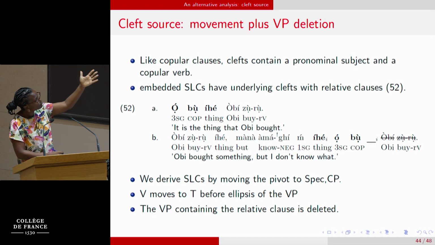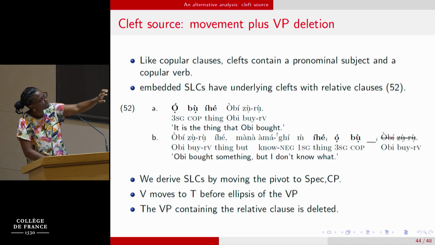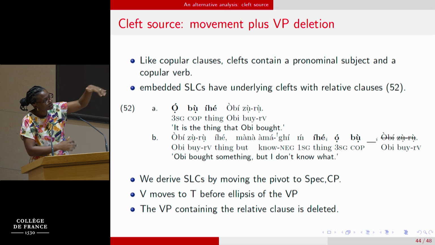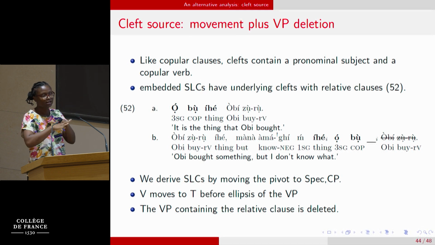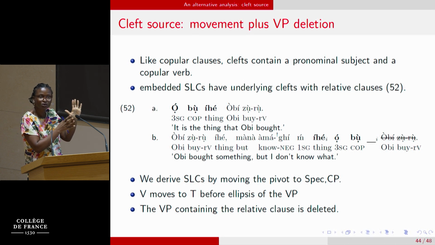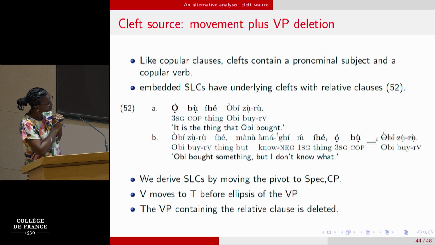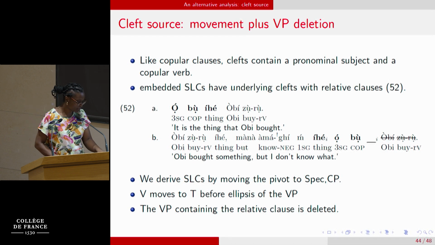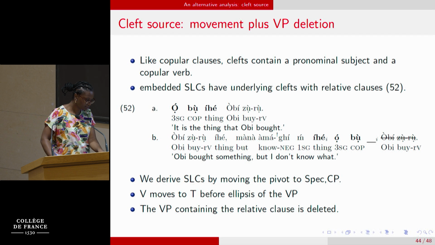So we can have a full-fledged cleft, and since the pronoun and the copula survive, we can assume that it is the cleft clause, the relative clause within the cleft, that is deleted. We can derive this by speculating that the pivot, the post-copular element in the cleft, moves out, and then V is also able to move in order to escape ellipsis, before we have the final deletion of the relative clause.